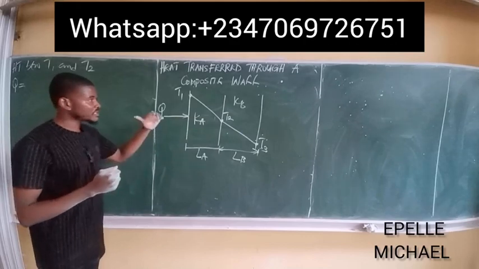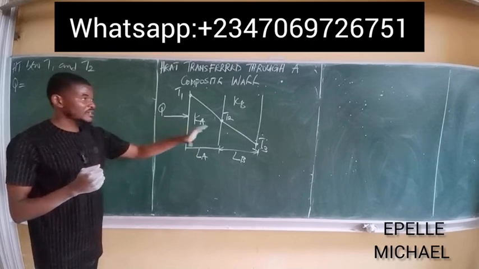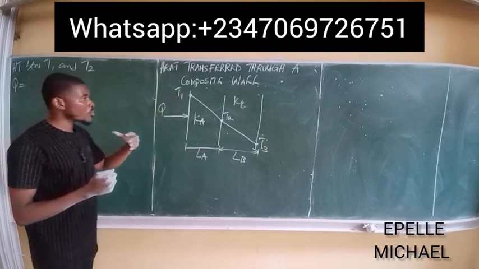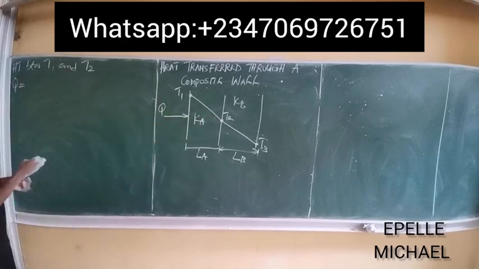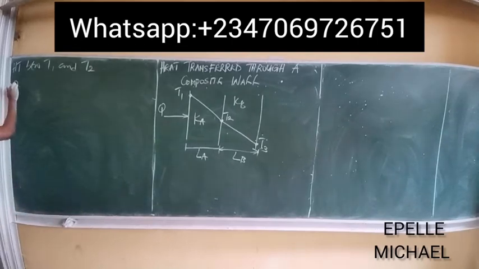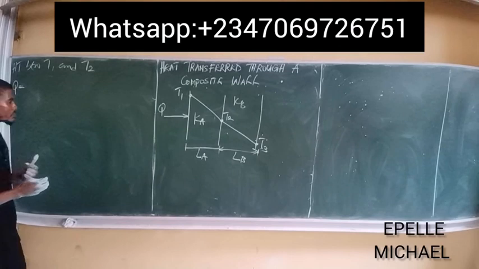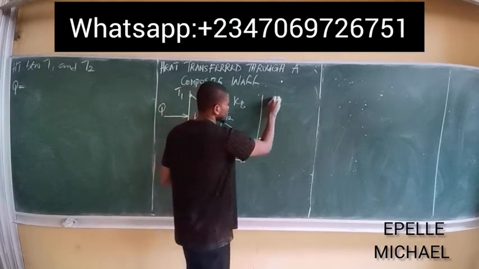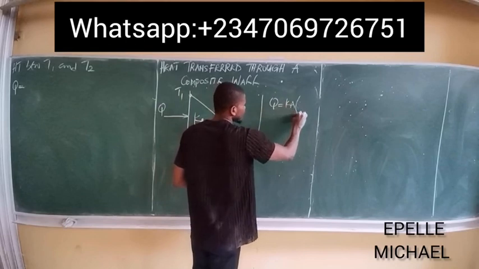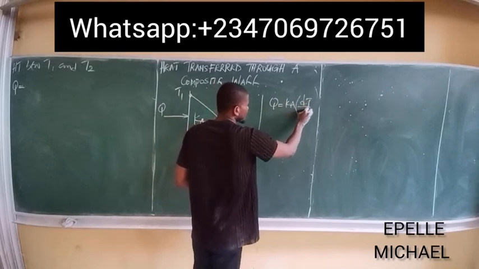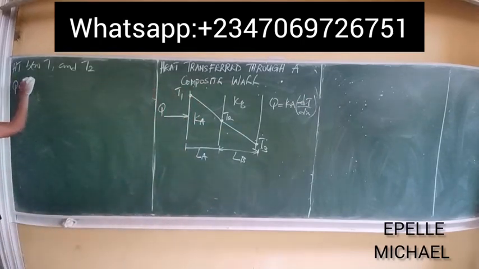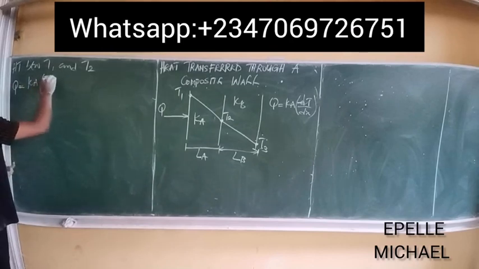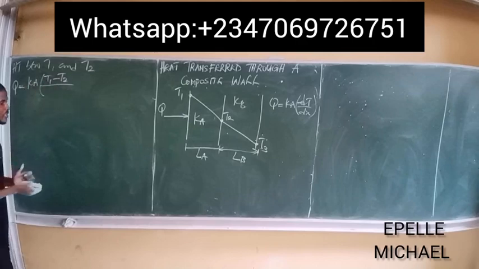Heat is always transferred according to the difference between the first temperature and the last temperature, because the first temperature is always going to be higher than the last temperature. So if we're saying between T1 and T2, the heat transfer Q is now equal to, we said from Fourier's law that heat transferred Q is Ka into dT over dx, or minus dT over dx, and we transpose that equation to become Ka into T1 minus T2 all over the length.